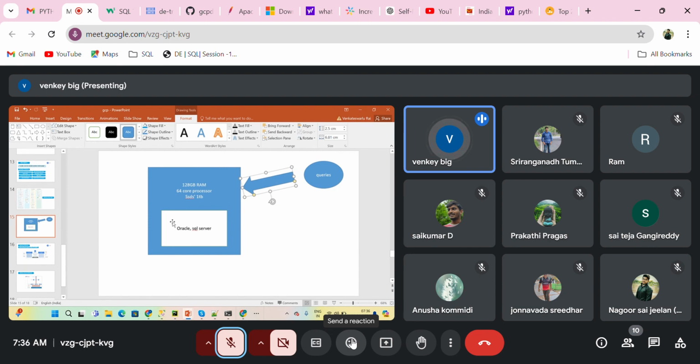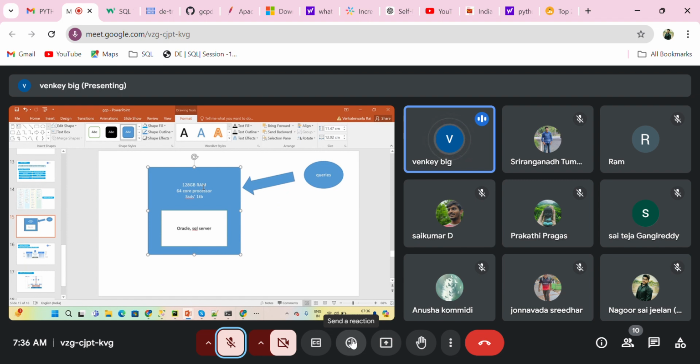When they are executing, the queries will take these resources only. So that's why I said in our traditional, on-prem data warehousing systems, the storage and the compute are coupled in a single server. That means the compute and storage will be in the same place.